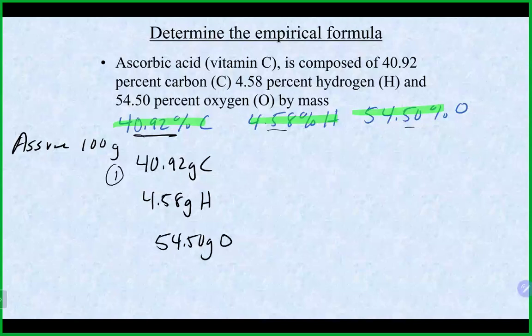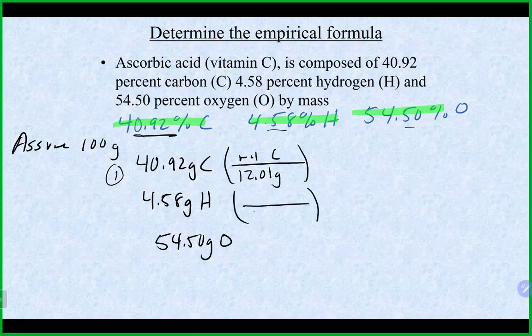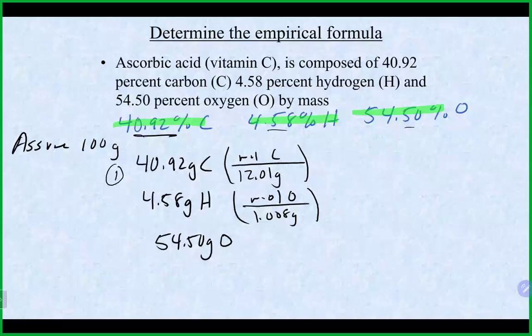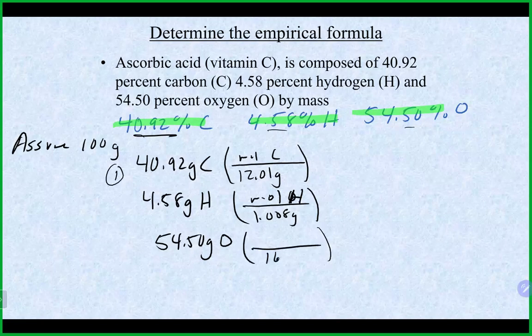Our next step is to convert each of these into moles. So we go to the periodic table, where we see for carbon there are 12.01 grams per mole, for hydrogen it is 1.008 grams per mole, and for oxygen it is 16 grams per mole. Again, this is the second step, and that's where we grab the molar mass from.